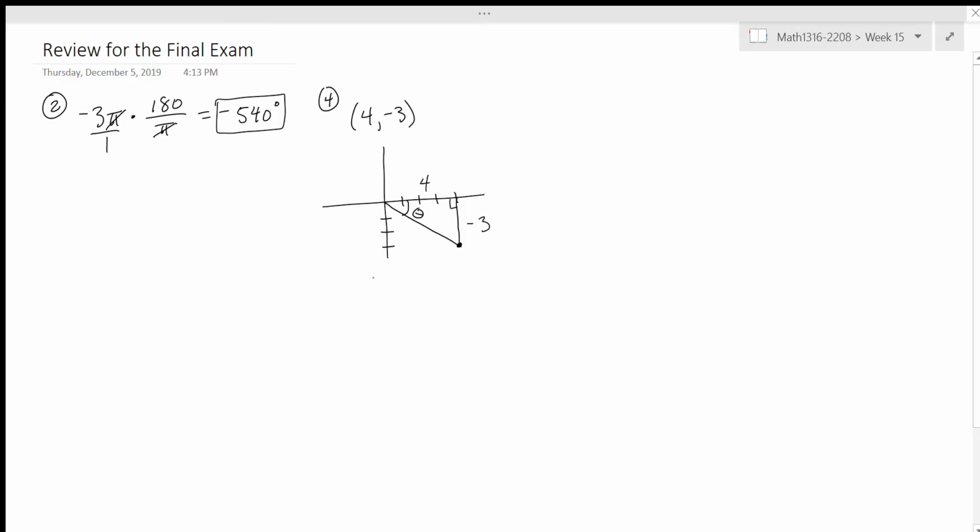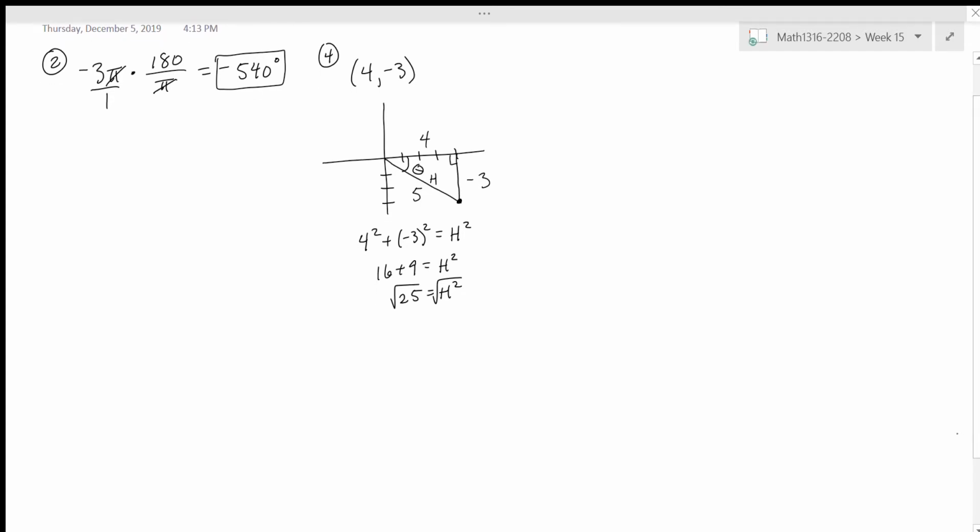Pythagorean theorem, okay? 4 squared plus negative 3 squared equals h squared. 16 plus 9 is 25. And then taking the square root, we can see that h is 5.